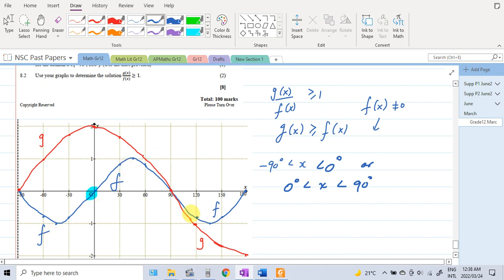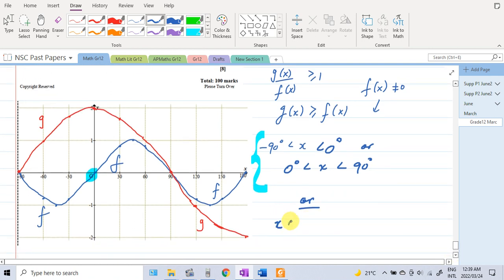That's one way to write out the solution, or you can write it out like this. x is an element from minus 90 to 90 degrees, but x is not equal to 0 degrees. Very important, you have to say x is not equal to 0. But I prefer this method here, just write this.